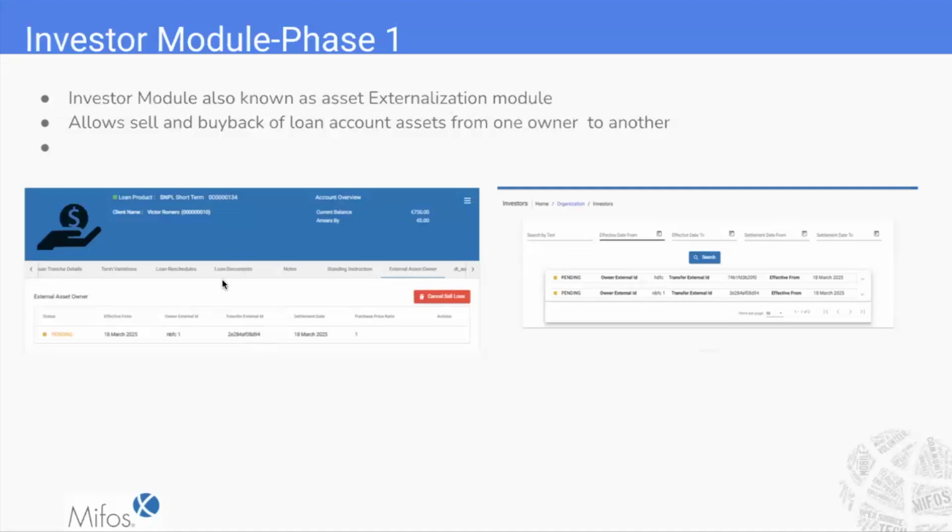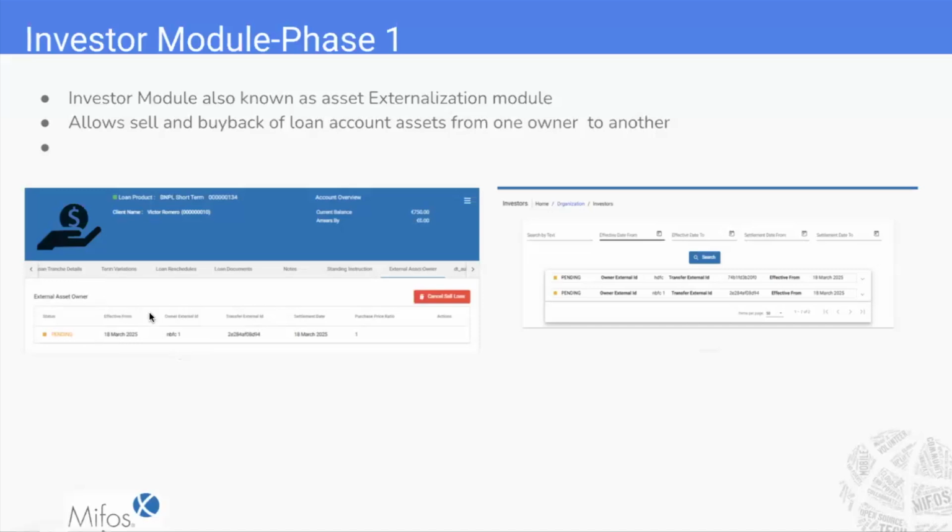On a loan we can click on sell loan or cancel loan. When we click on sell loan, the effective date is 18 March. Here we are trying to sell a loan with a balance of 750 euros to an external owner called NBFC 1.